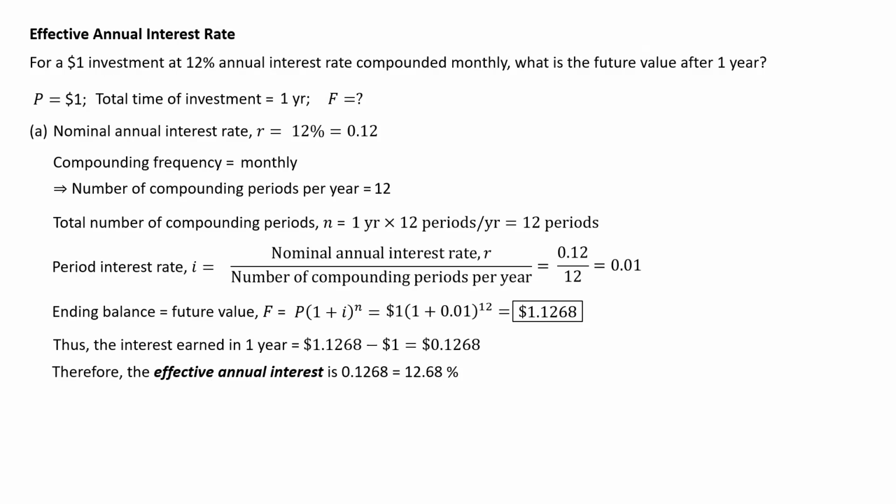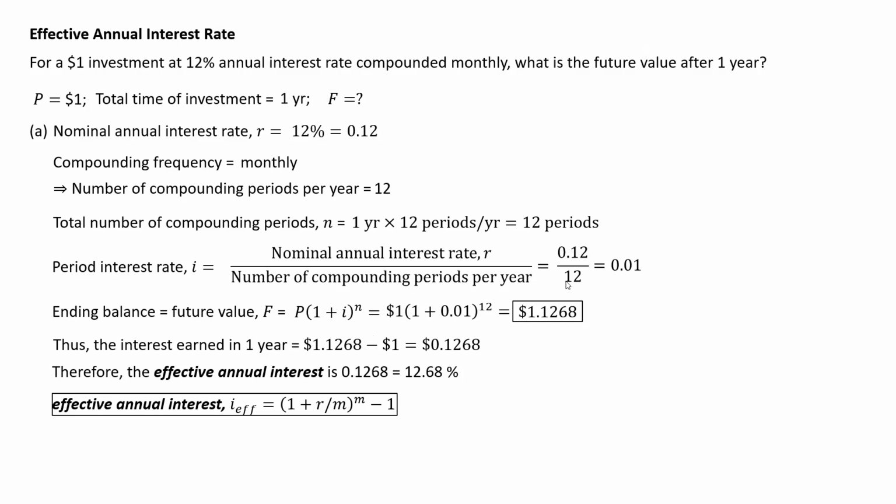Cool. That's a very interesting concept. And so, how do you find effective annual interest rate? It is (1 plus R over M) raised to M, minus 1. See, this was 1 times 1 plus R over M, right? R is the nominal annual interest rate.